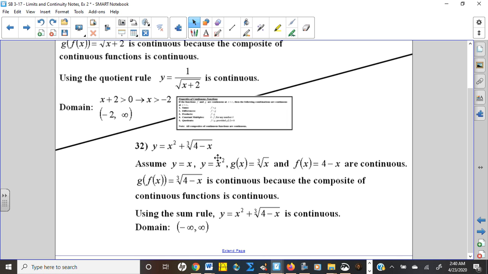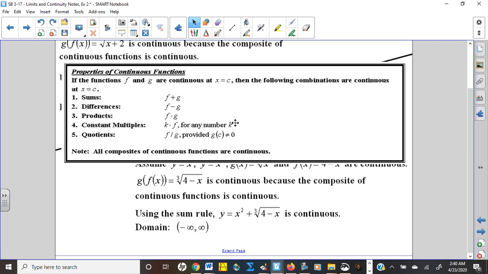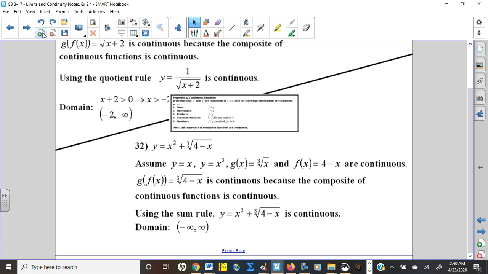All three of those functions, linear, quadratic, and cubic, have domains of all real numbers. So the new domain will still be all real numbers. And we're using these properties on this problem. We added continuous functions, and we certainly took the composition of continuous functions. So those are the properties that we used to make that statement.